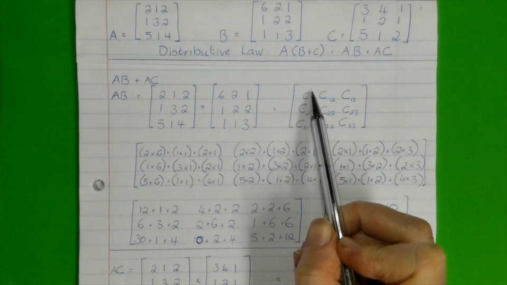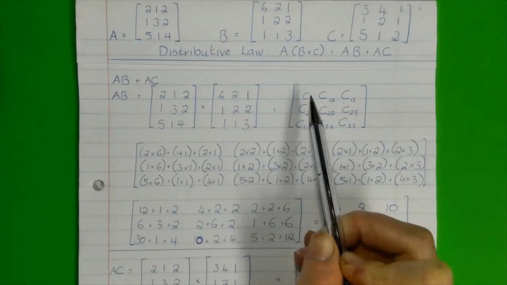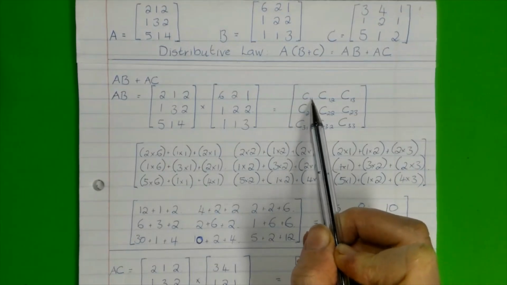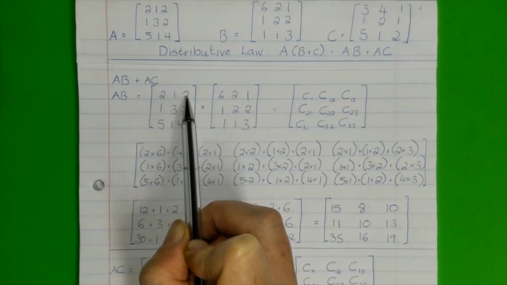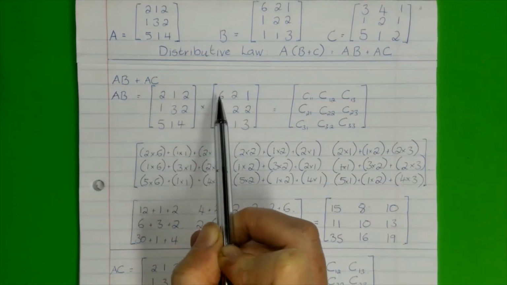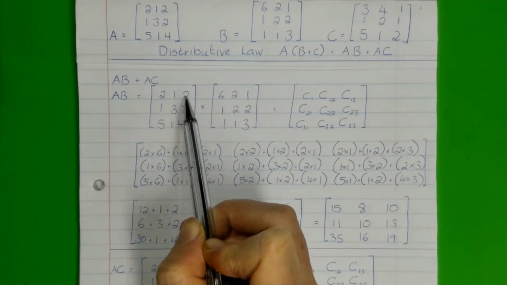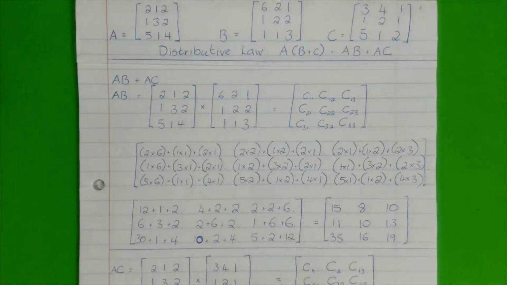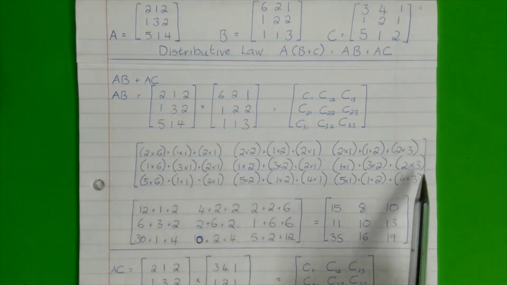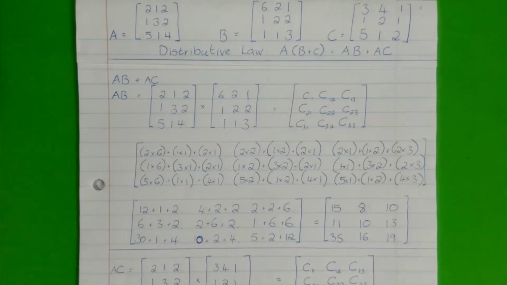For this value here, we take the first row of the lead matrix and the first column of the lag matrix and multiply those elements together: 2 times 6 plus 1 times 1 plus 2 times 1, etc. Exactly how we did previously, you can work out the values of all the elements of the product matrix.